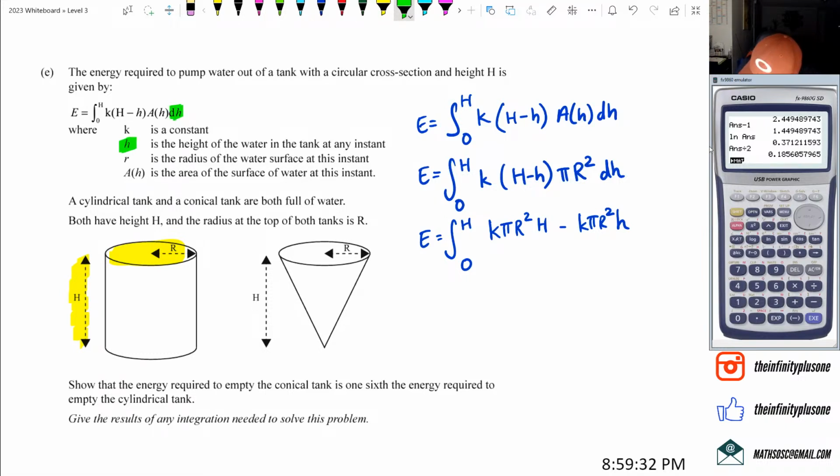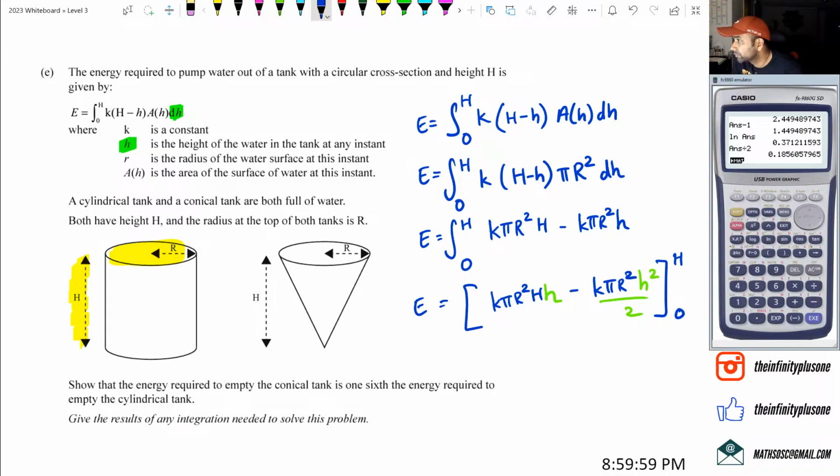That's why they have it as dh. So when we integrate this, we're going to get E is equal to K pi R squared H, which is all constants, so I get h, minus K pi R squared, which is also a constant, times h squared over 2. And all of this is between H and 0.